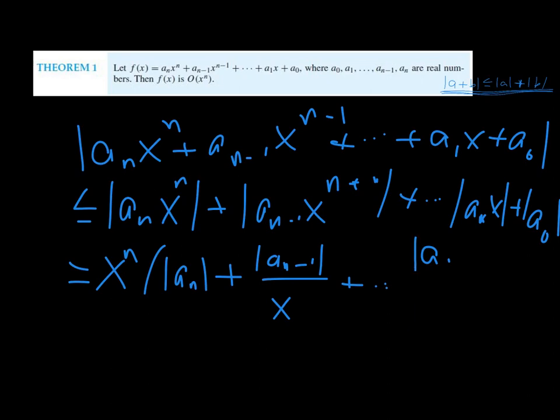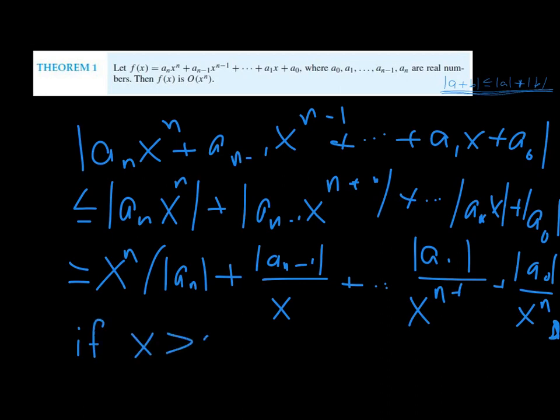The absolute value of a_1 over x^(n-1) plus the absolute value of a_0 over x^n. And I can say this is true, and I can go ahead and drop the absolute values on my x's as long as I stipulate that x is bigger than 0. Rather, x is bigger than 1.